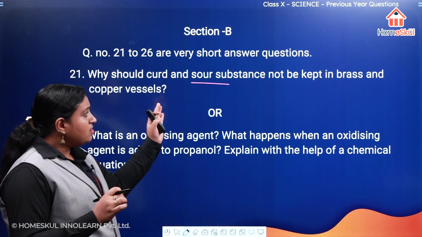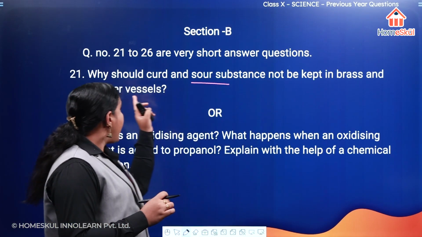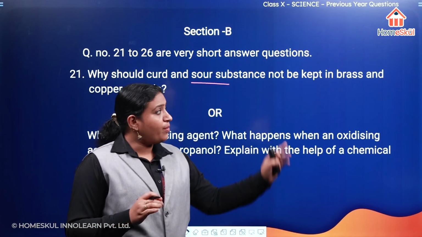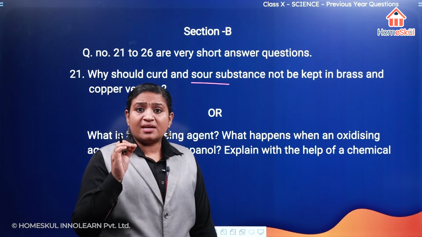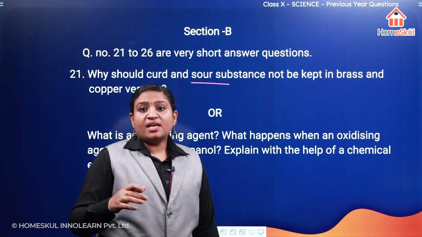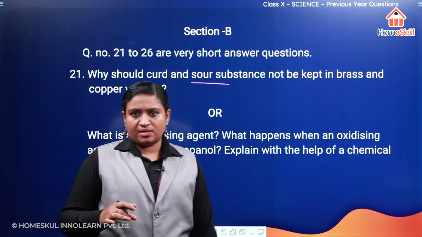So, when these food items are kept in brass and copper vessels, we know brass is an alloy, copper is a metal. So, whenever metal reacts with acid, what will happen? It produces hydrogen gas and salt.